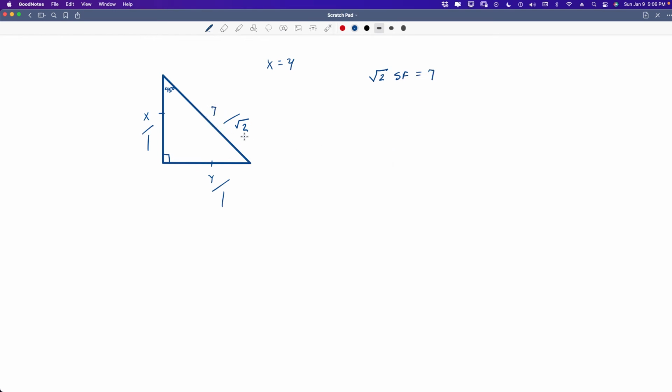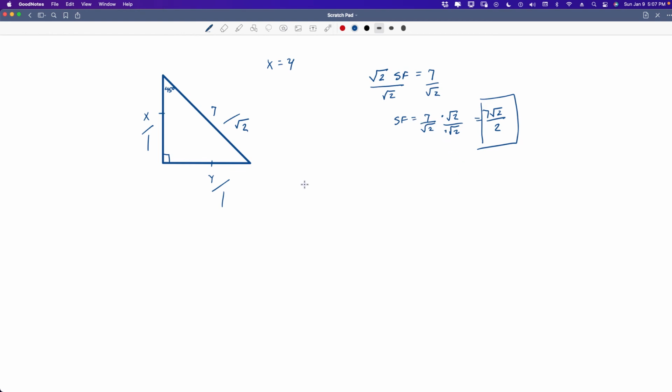That's how we got to here. We multiplied this times some scale factor to get here. So I am going to divide both sides by the square root of 2. And I get a scale factor equal to 7 over the square root of 2. We don't like having the square root of 2 in the denominator, so we're going to multiply by square root of 2 over square root of 2, like we always do. And we get 7 times the square root of 2 over 2. That is our scale factor.